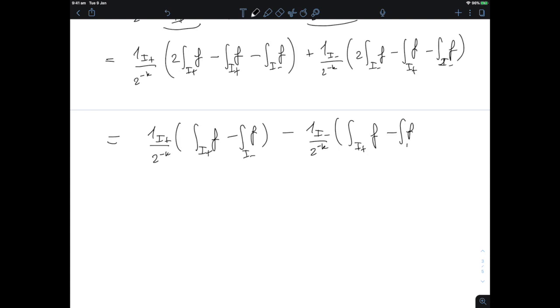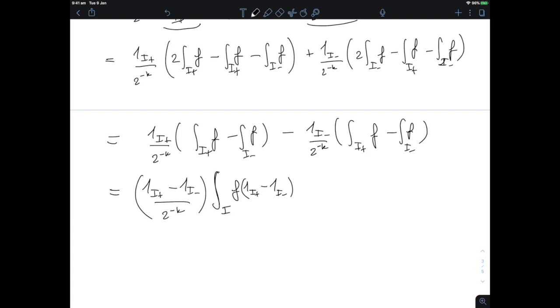That comes with the opposite sign here. So what I have is the indicator function of I plus minus the indicator function of I minus divided by 2 to the minus k times the integral over I of f times the indicator of I plus minus the indicator of I minus.